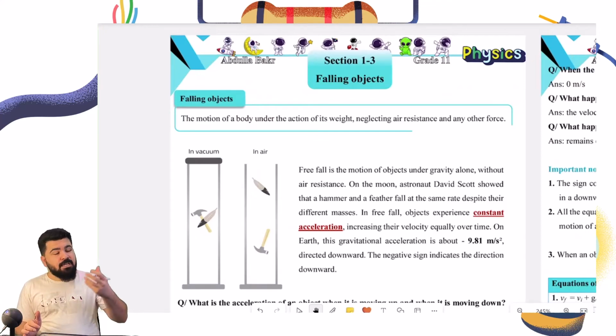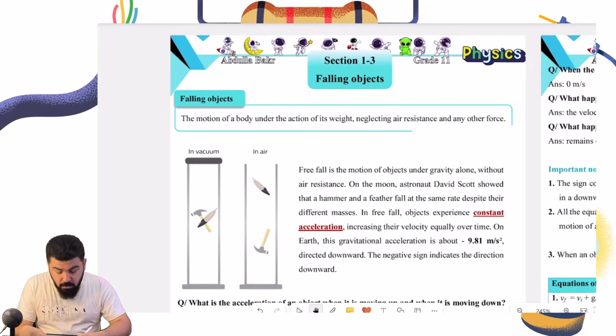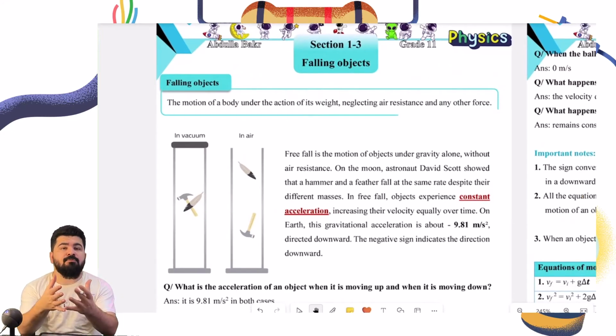So it's not only the force of gravity which affects objects, it is also air resistance. The greater the area, the more it's exposed to air molecules. That is why the stone fell sooner than the paper.